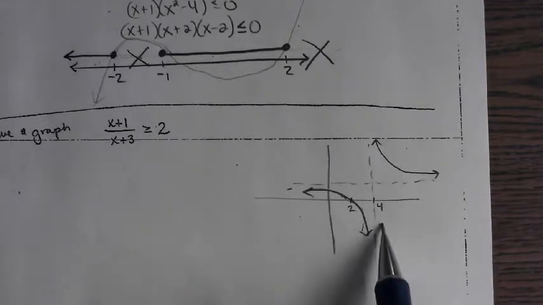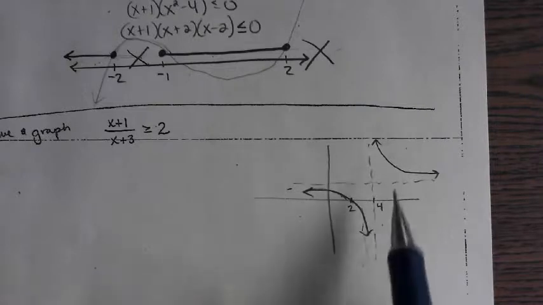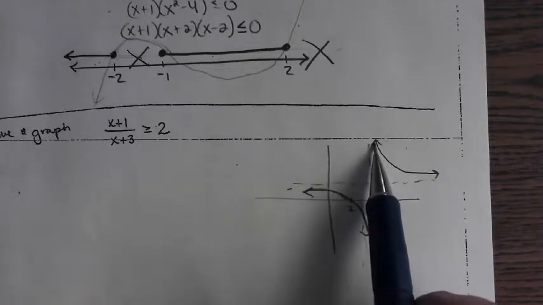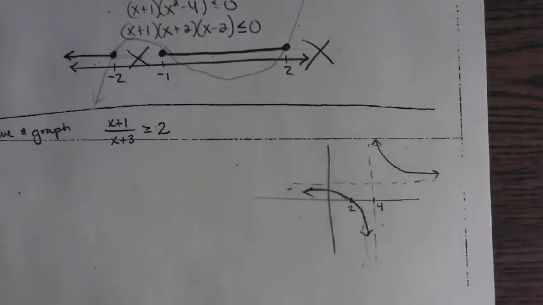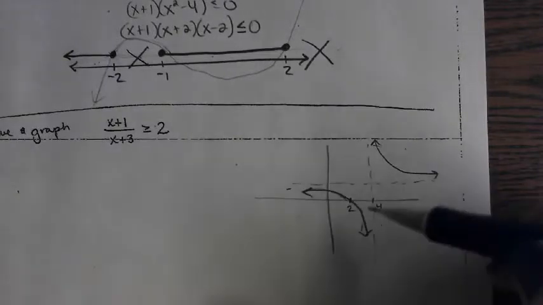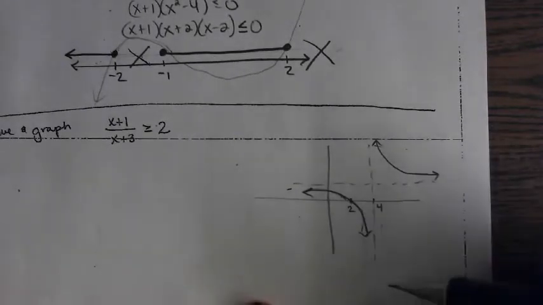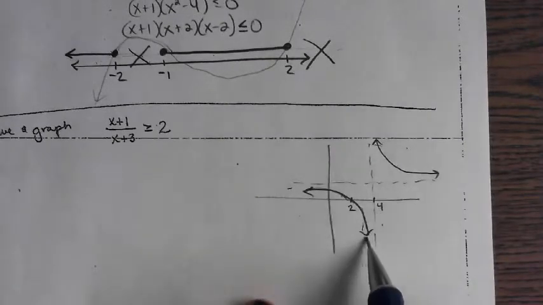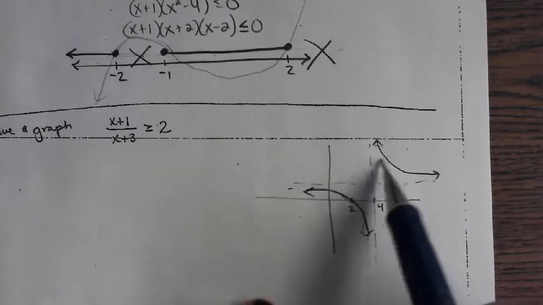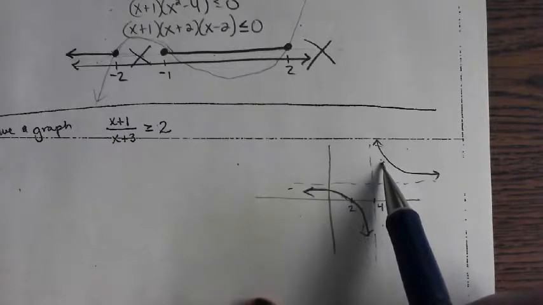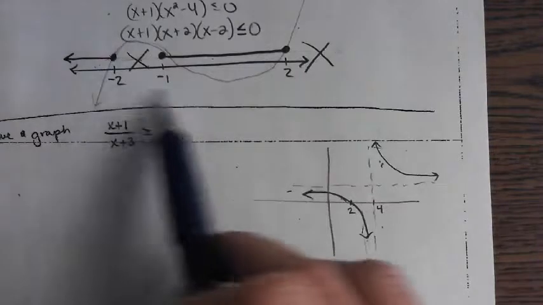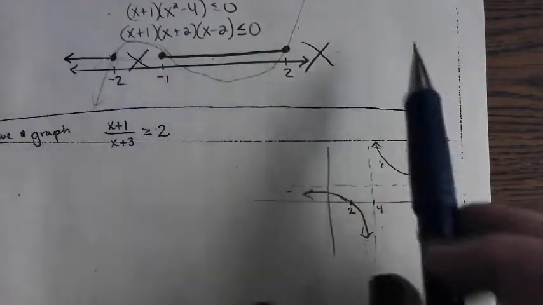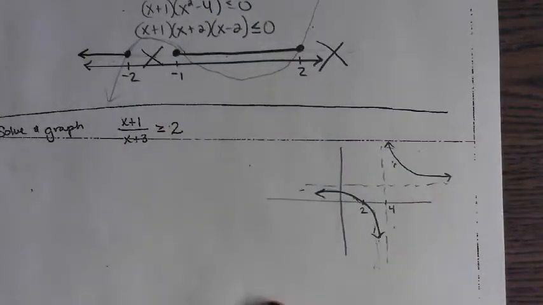And when we hop to the other side of this vertical asymptote, all of a sudden we're positive again. So the additional stipulation with a rational is that around an asymptote, you also have the potential to change from negative, which we are on the left, to positive, which is what we are on the right. Does that make sense? So your critical points for your number line don't just come from roots when it comes to a rational.